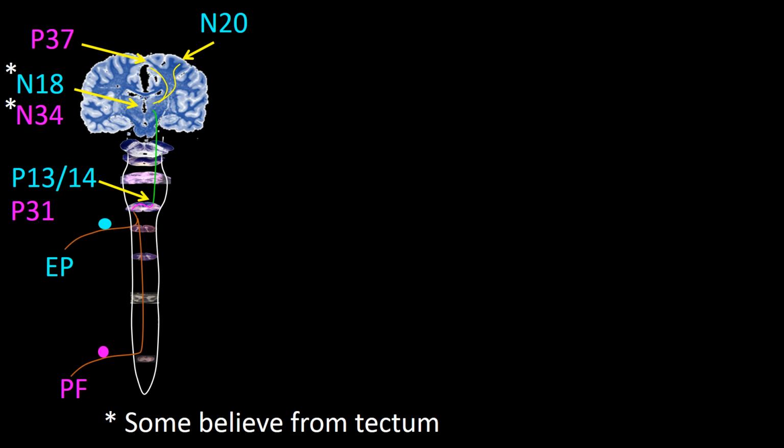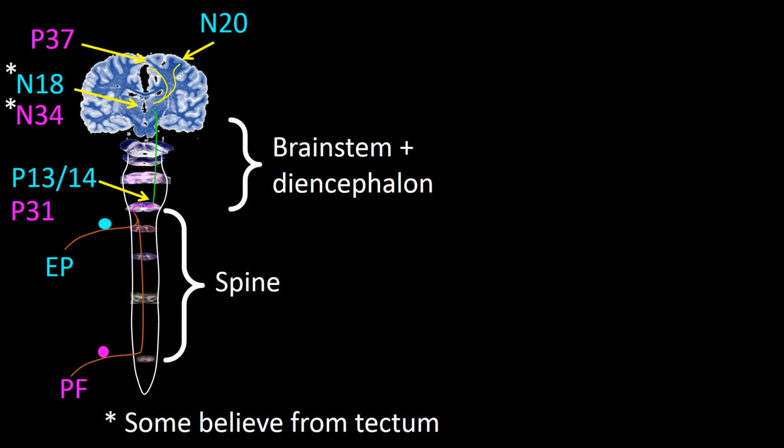So the presence or absence of this potential and the appropriate or prolonged conduction between them helps to localize the lesion to the spine, the brainstem diencephalic segment, or the cortical subcortical segment.